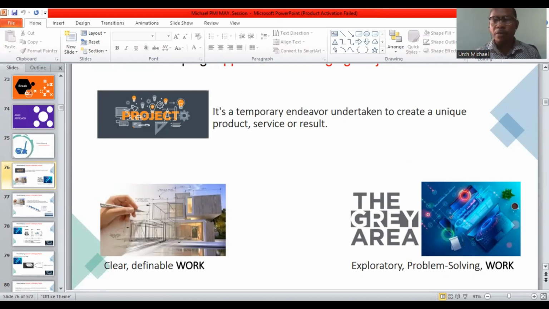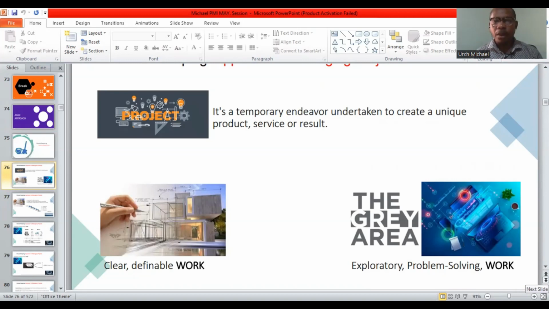When I talk about the kinds of projects, I'm talking about the different natures in which projects present themselves. For instance, we have projects with clear definable work, and also we have projects that are exploratory in nature, in the sense that you need to explore to have a better understanding of the project.